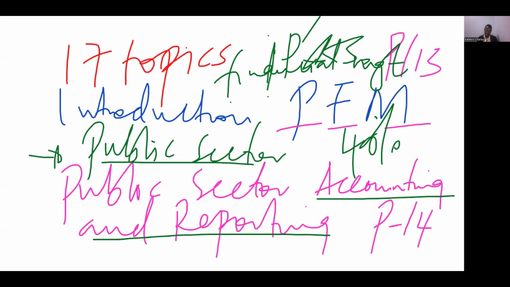Also, we shall have to understand the levels or the categories of the public sector entities.